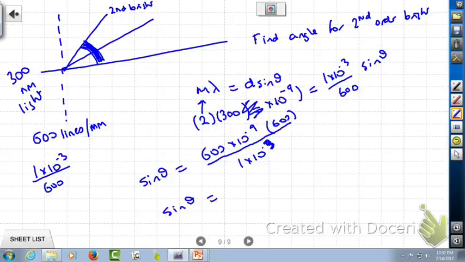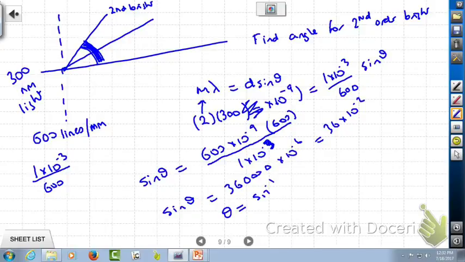So this equals 36 times 10 to the minus 6, which is 36 times 10 to the 4 times 10 to the minus 6, is 36 times 10 to the minus 2. So theta is equal to sine to the minus 1 of 36 times 10 to the minus 2. Theta is equal to... Anybody got a calculator?